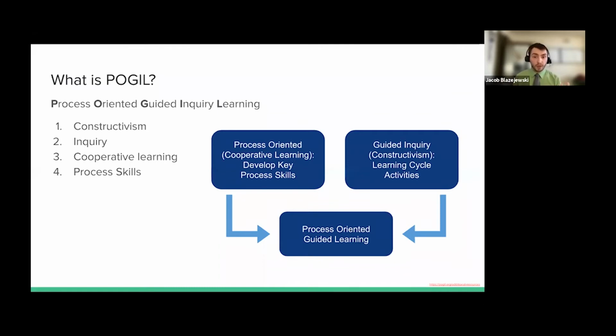Then for the other part of this, for each of these activities, students are put into small groups and given roles and ownership in the learning that takes place in the group. Part of that is to have group work and be able to develop what POGIL calls process skills. We'll see the full list of these process skills later on, but basically it's a way of formally including a lot of soft skills as part of a lesson.